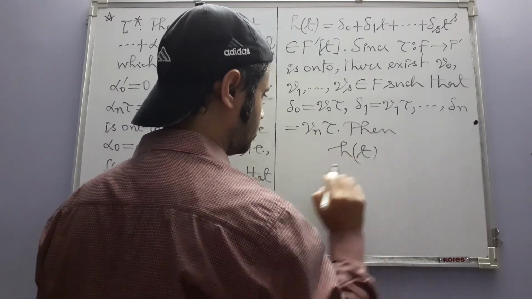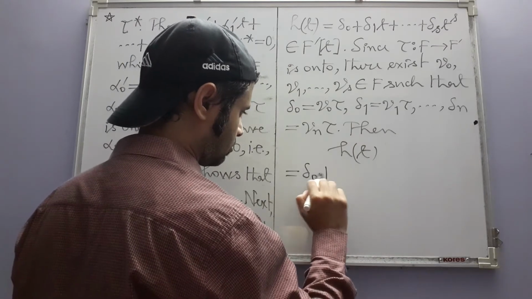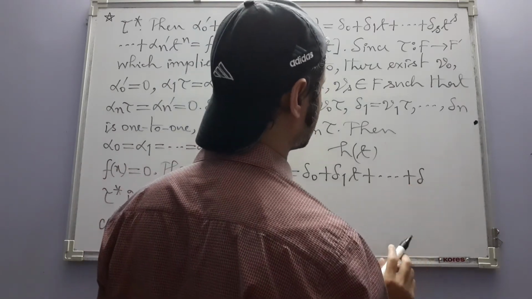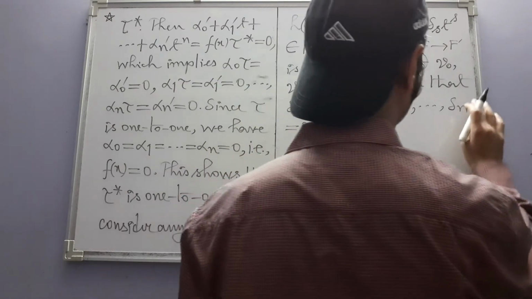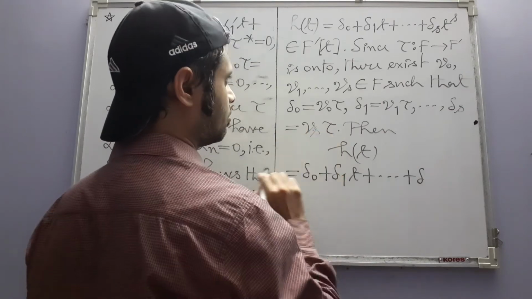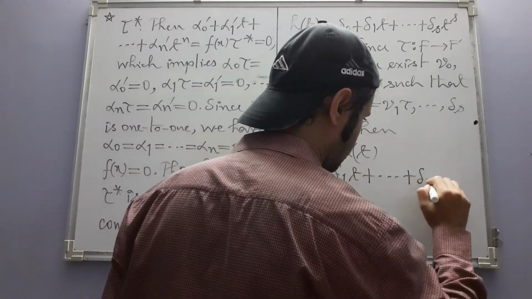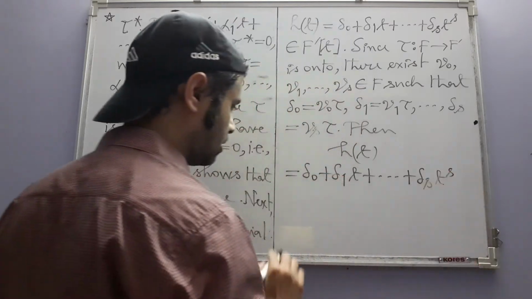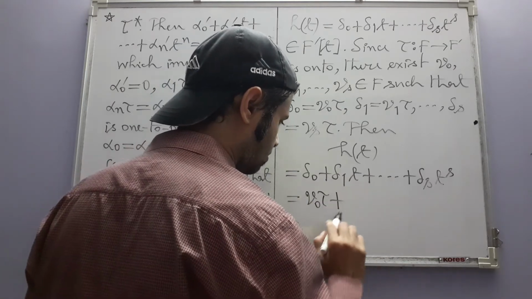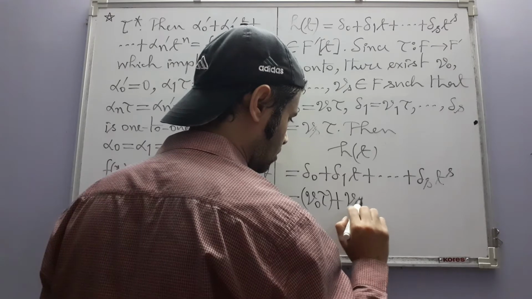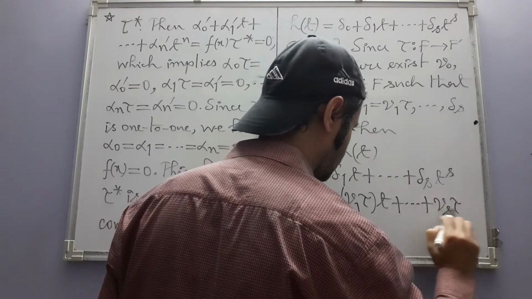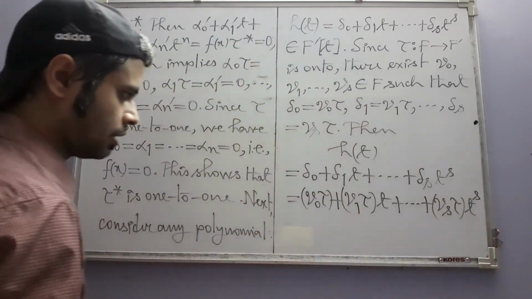Then h of t, I took s and here again I am writing n, t to the power s, this is nu naught tau plus nu 1 tau t, t to the power s.